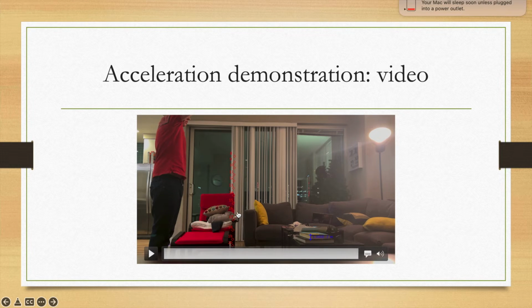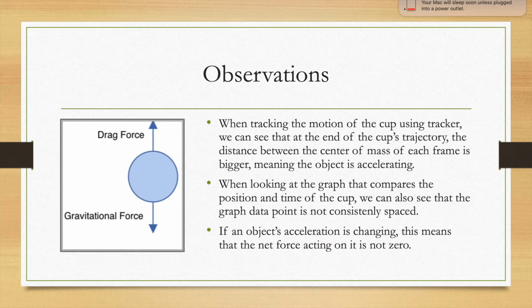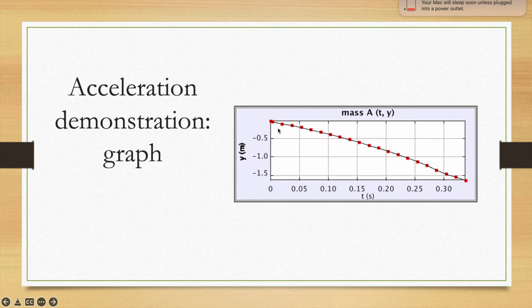This means that the object is accelerating, and that the net force acting upon it is not zero. As I said before, if an object's acceleration is changing, this means that the net force on it is not zero. We can also see this in the graph, where the two initial points of the position in y versus the time are closer than the two final points.